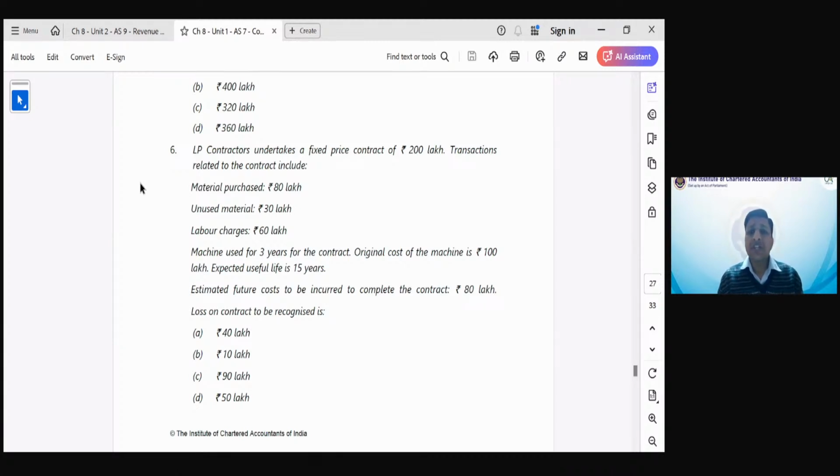Original cost of the machine is 100 lakhs. Expected life is 15 years. So that's why you can also compute the depreciation. Estimated future cost to be incurred to complete the contract will be 80 lakhs. You are required to compute the loss on this contract to be recognized. So I think this question is more about computing the total estimated cost.